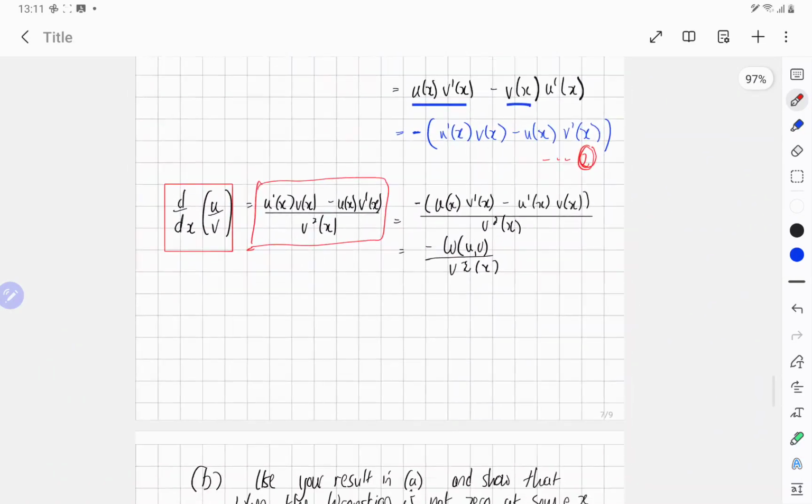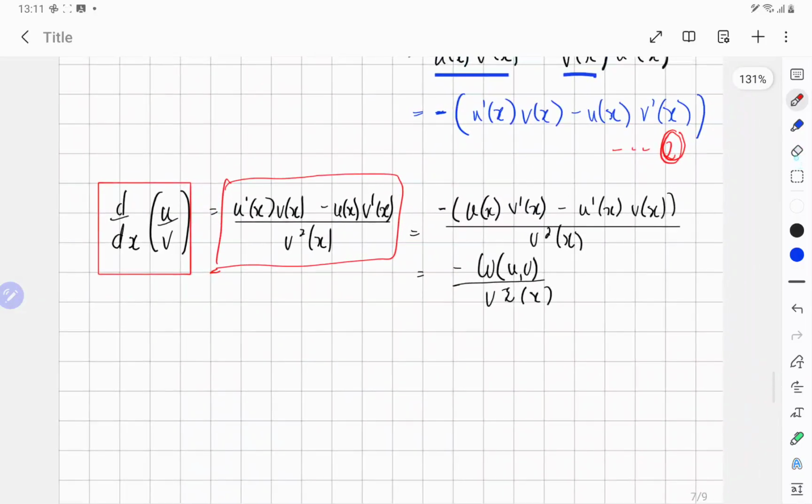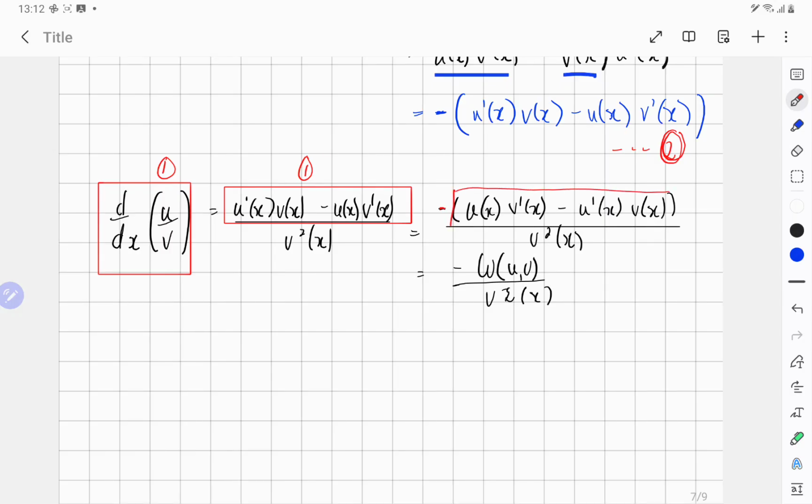Now, let's see how we're going to get to the Wronskian. So remember, this is my left-hand side. This is all from my equation 1. But what do I see here? If I take out a negative, I will get this part.